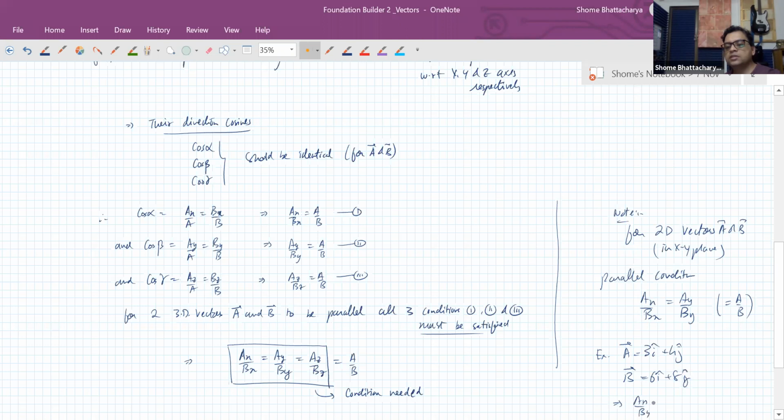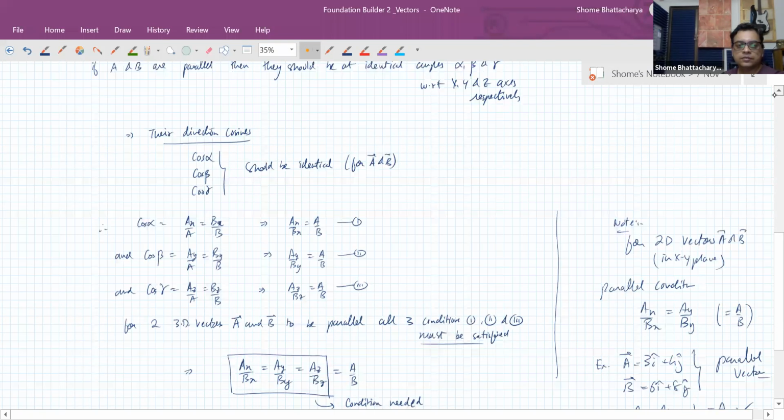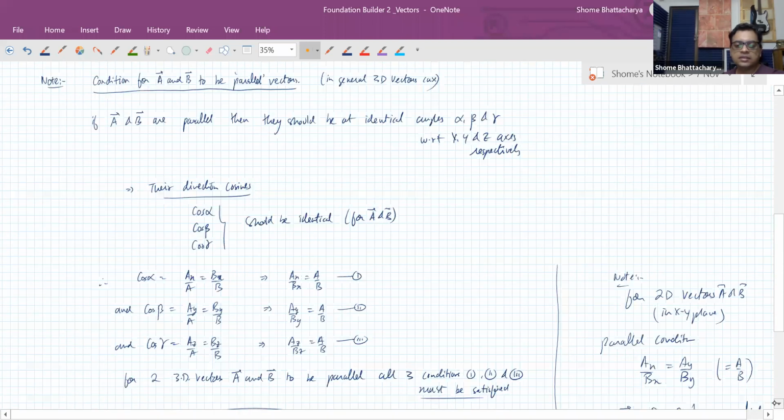Ax upon Bx is equal to Ay upon By is equal to half, which is also the ratio of their magnitudes. So therefore they are parallel vectors. So just make a note of this. The condition for A and B to be parallel in the general 3D case.